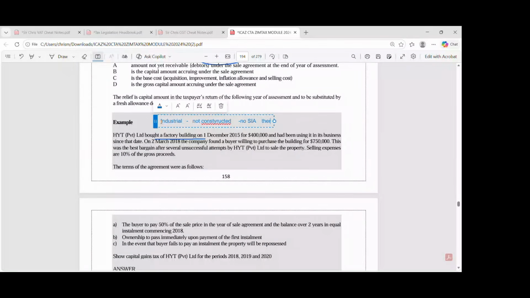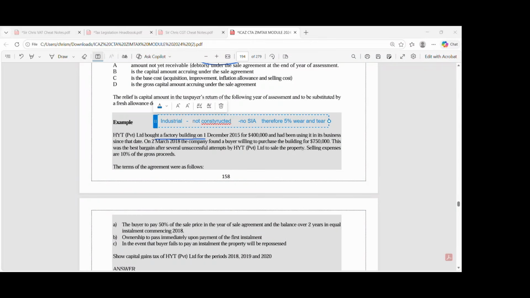Therefore, it attracts what? 5% wear and tear. Are you following, team? Is it making sense? Your thought process should be the same. So it's an industrial building, but it's not constructed, so no SIA, it attracts wear and tear at 5%.